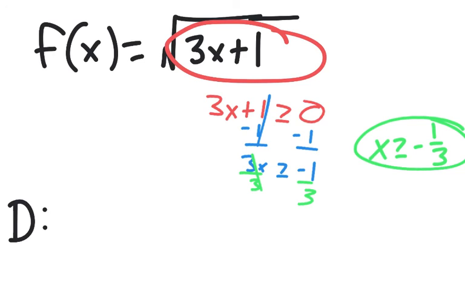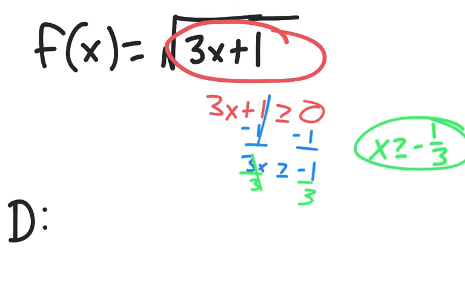Now, will negative 1/3 work? Can I plug it in? If I plug in negative 1/3, 3 times negative 1/3 is negative 1. Negative 1 plus 1 is 0. Can I take the square root of 0? Yes. What number times itself is 0? 0. So it works. Negative 1/3 is included in my domain. But I can't plug in anything less than negative 1/3.